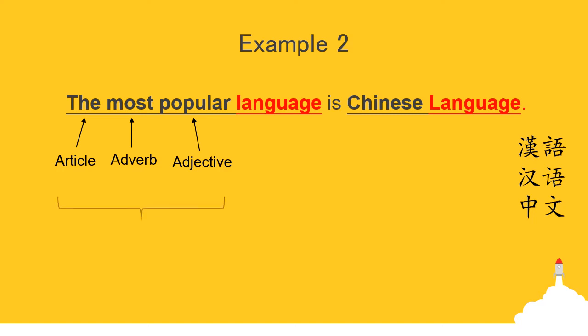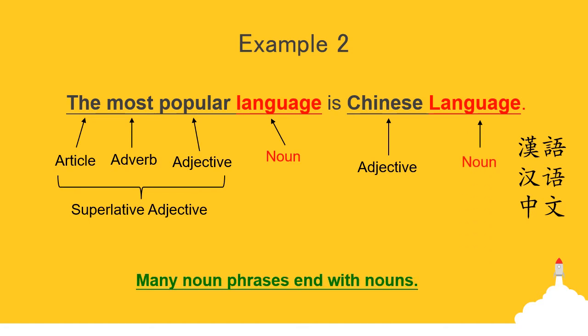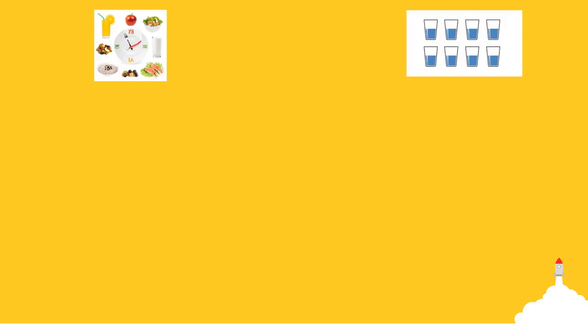And altogether they form a superlative adjective. Language is a noun. Chinese, of course, an adjective. And language, once again, is a noun. So here you can see it is a very classic situation as many noun phrases end with nouns.